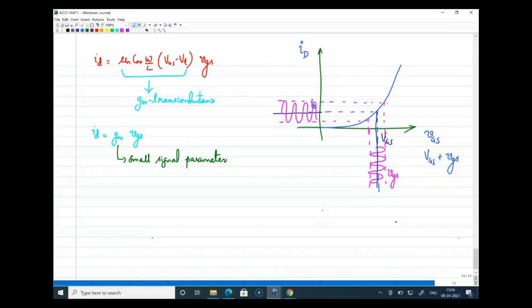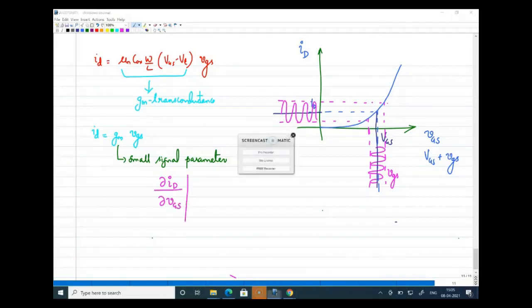So what is basically this transconductance? Transconductance is the figure of merit, or basically the conversion. If you take the slope of this, I can write it as the change in ID: ∂ID divided by the change in VGS, around an operating point.